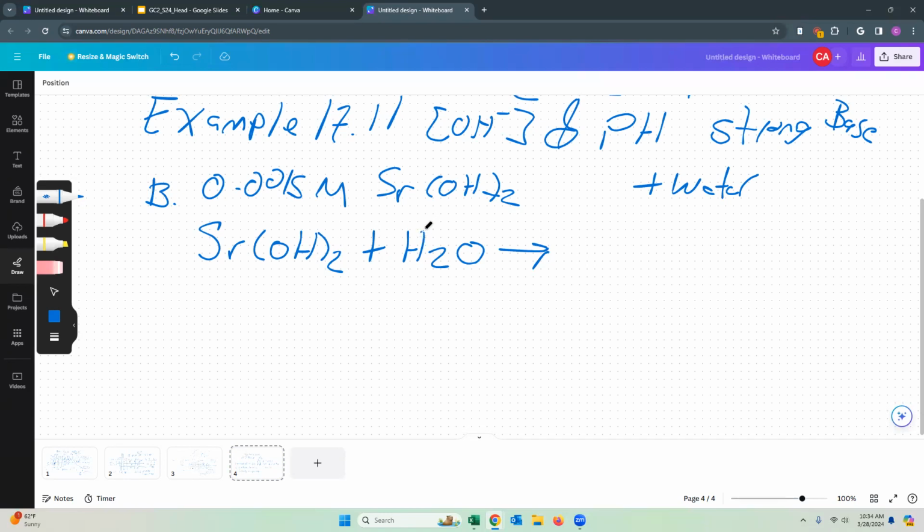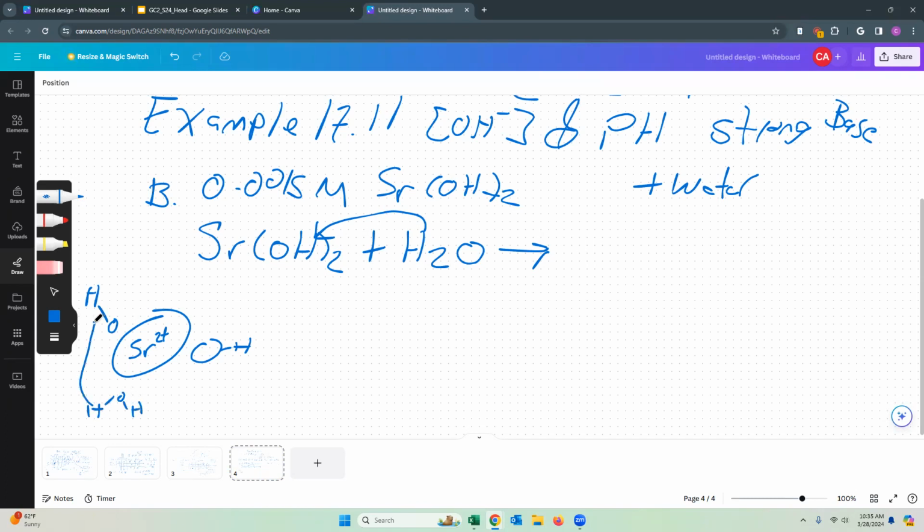So the water molecule is our acid. It's going to give a hydrogen to our base. However, we have two OHs, and we talked about this already, but let me draw it. So you have Sr2 plus. I know it's 2 plus because OH minus is 1. Surrounding this are two OH minus ions. These are my bases.